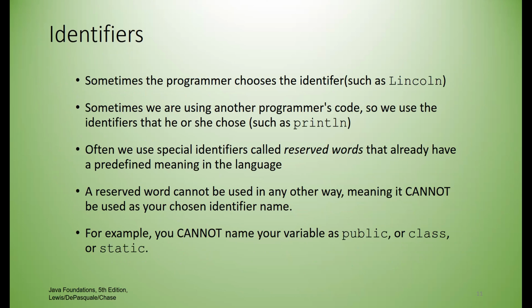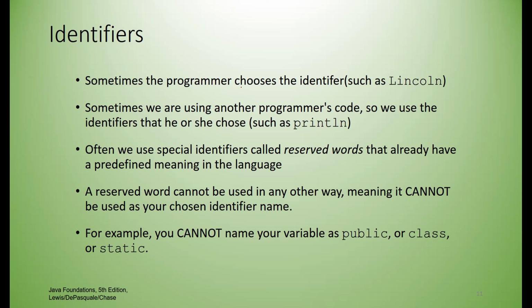Sometimes the programmer chooses the identifiers, and in our case, we chose my first program, my second program. Those are all identifiers. They are class names. Sometimes we are using another program's code, so we use the identifiers that he or she chose, such as println, System, out. Those are identifiers chosen by the Java developers.